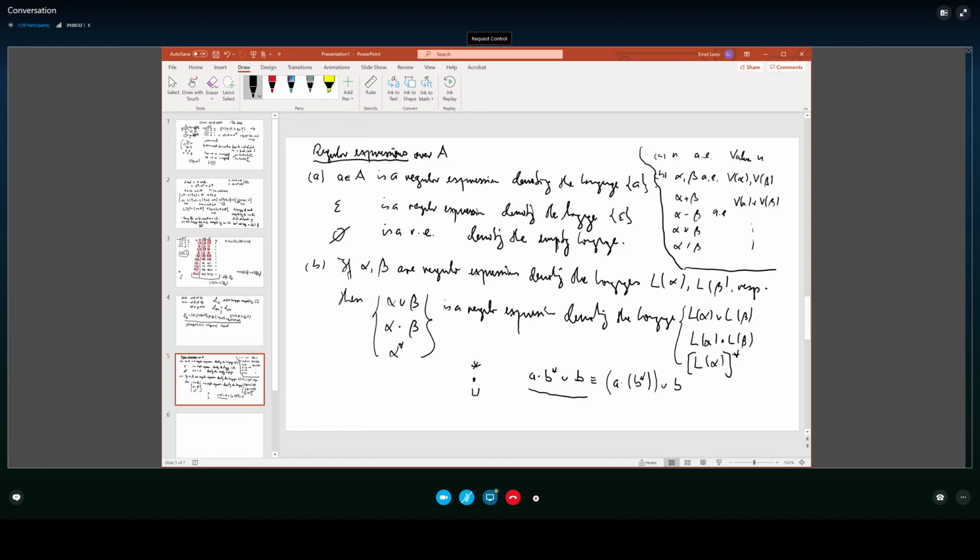Okay, so that means we basically have to do the B star first, and then we do the A concatenated with B star, and only after we've done that do we do the union B. So this is just like in arithmetic expressions, exponentiation binds the strongest, then comes multiplication, and then comes addition.